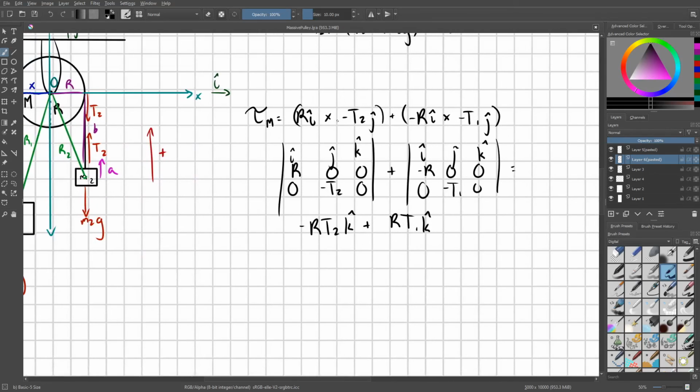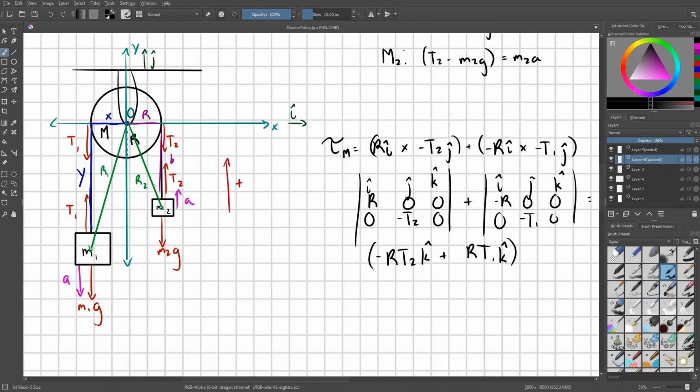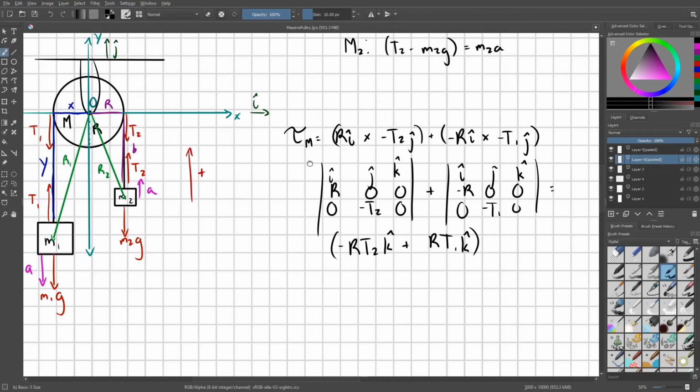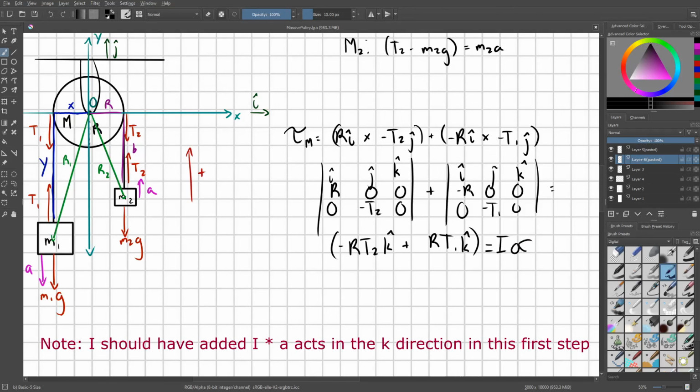Now, because this is an example of just a solid object spinning about an axis, we can go ahead and write this out as I times alpha. Right?